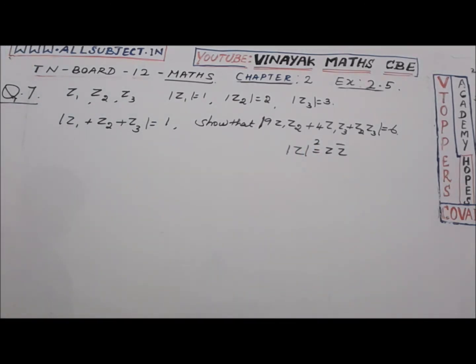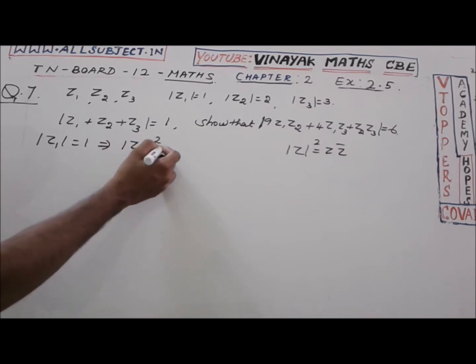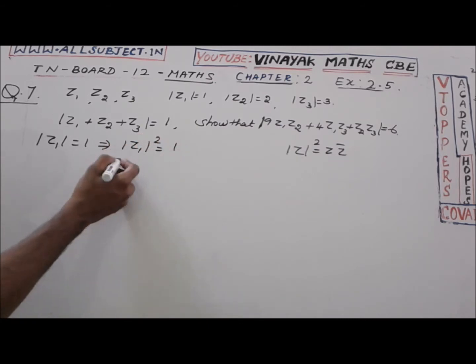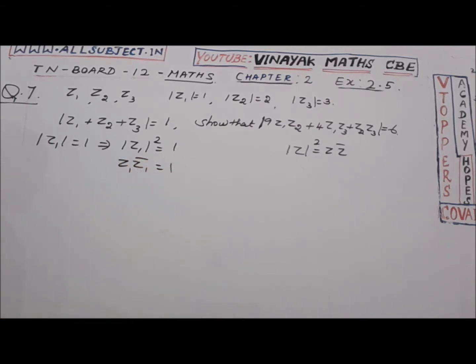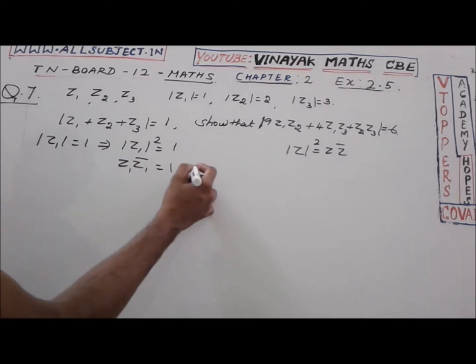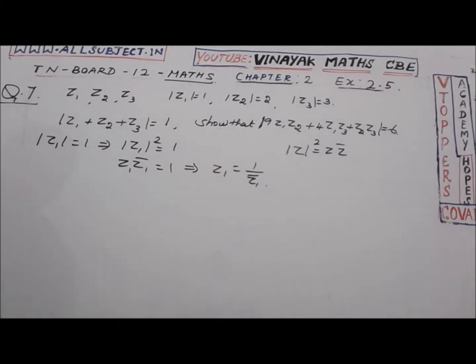Using that result, modulus of Z1 equal to 1 implies modulus of Z1 square equal to 1. It can be rewritten as Z1 Z1 bar equal to 1. From this we can derive one result, Z1 equal to 1 by Z1 bar.